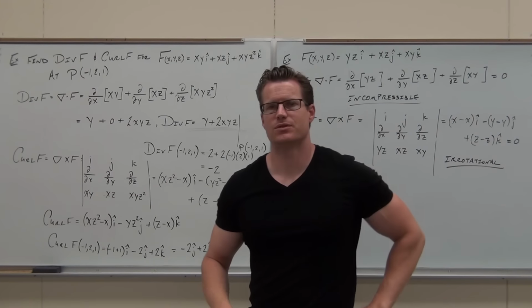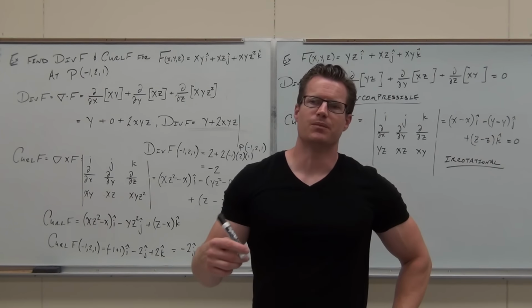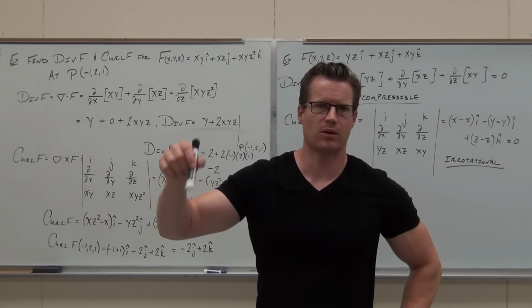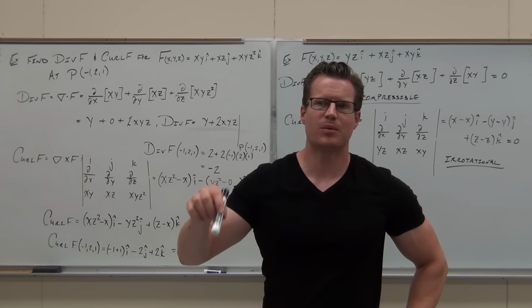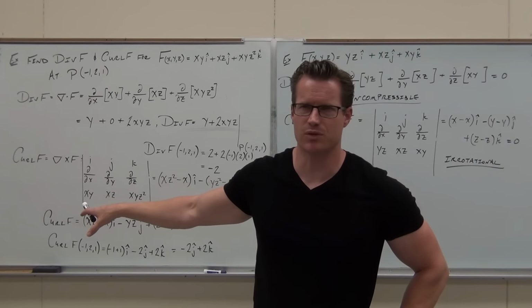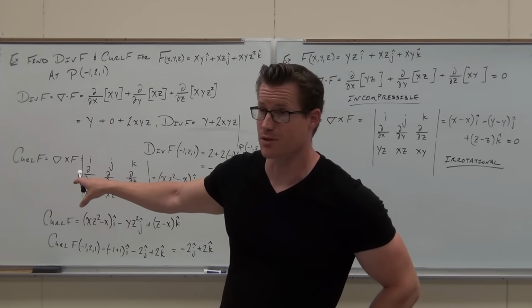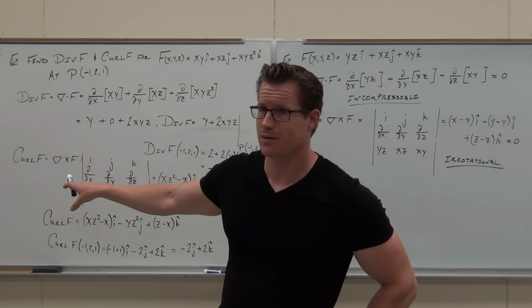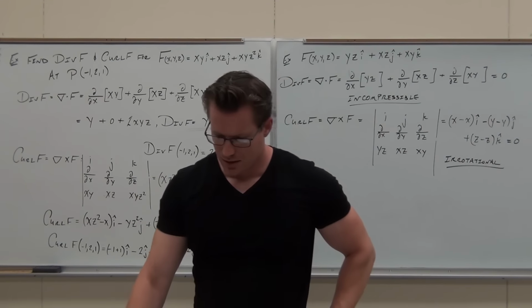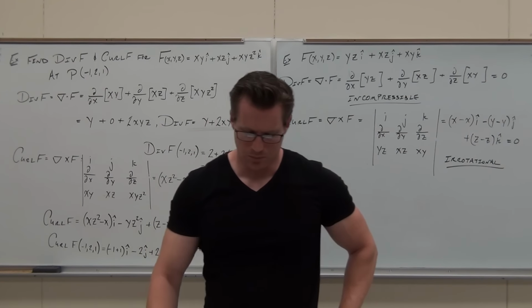Now, this is interesting. We don't have something that's going directly into the board parallel to the z-axis. I'm going to make a couple notes, and this is the only reason why we did this example, so you would see what this actually means. Are you ready for it? Here's some notes on curl.